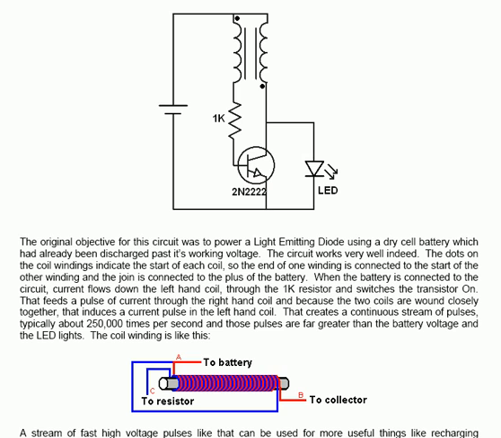As it switches on, the collector voltage drops down to 0 volts, and you get the full battery voltage across the second coil. That only lasts for a short period of time, but it induces, through its closeness to the first coil, a pulse in the first coil.